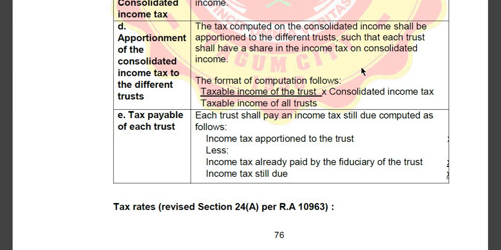After consolidating, of course, you will compute the taxable income and the corresponding income tax due. And the income tax due will be apportioned to the separate trusts.